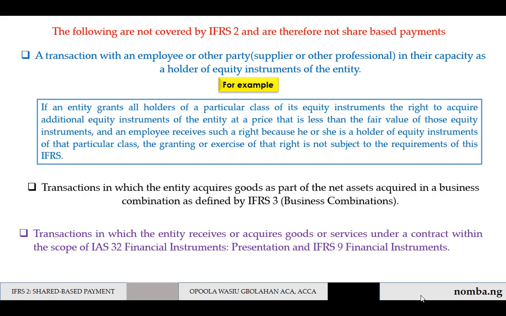These are separate contracts, the aim of which is to become a shareholder of that company. It's different from when you are receiving goods, you don't want to pay cash, and you are paying in your shares. All these items mentioned are not covered by IFRS 2. They are not share-based payments.